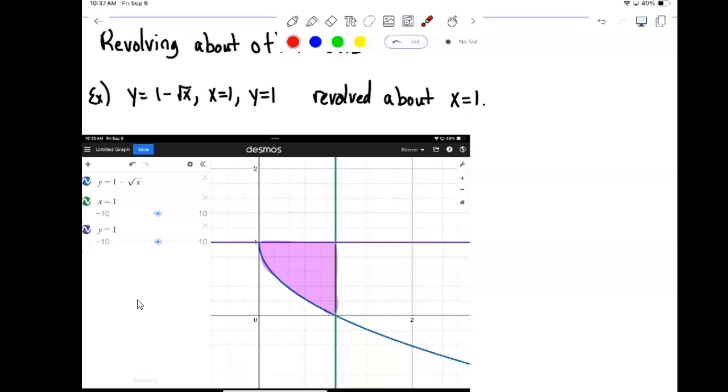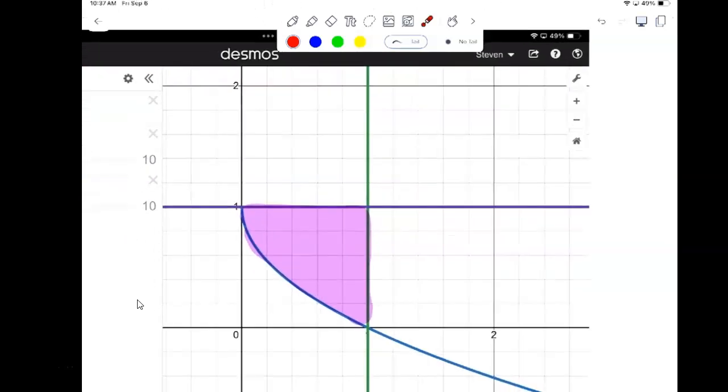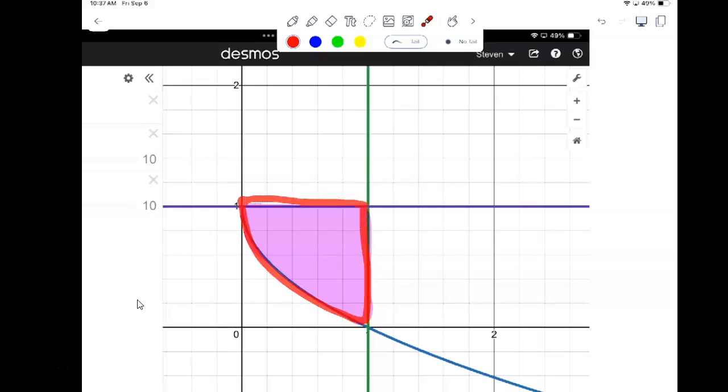Okay, so in this example here, we have the equation y equals 1 minus square root of x, and we're looking at the region bounded by that, the line x equals 1, and the line y equals 1. So I've gone ahead and hopped on the Desmos and graphed that so that we have this kind of weird looking slice of pizza type thing.